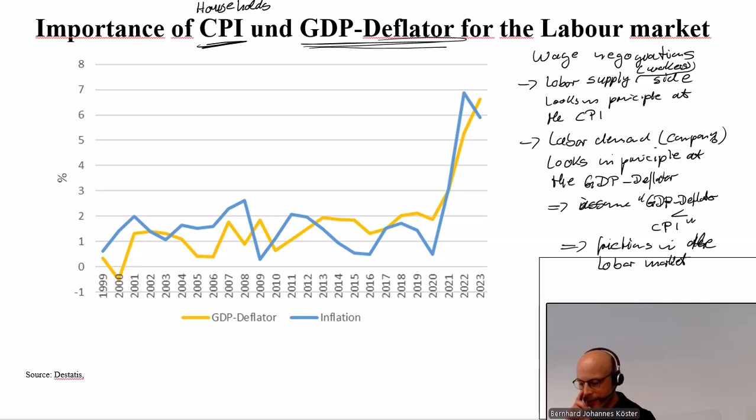And if we look at the historical data in Germany, then actually we have this situation here. In the beginning of the 2000s until the financial crisis, we could say here we have roughly a situation where we have a 2% inflation rate due to CPI and a development in GDP deflator by only 1%.